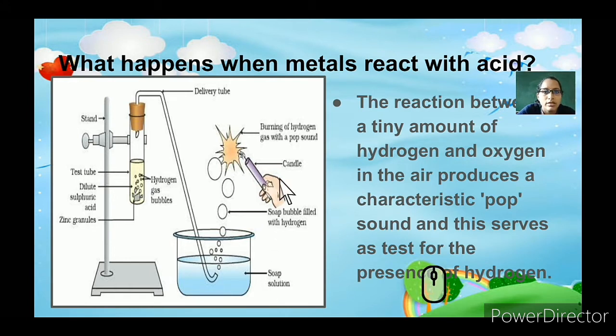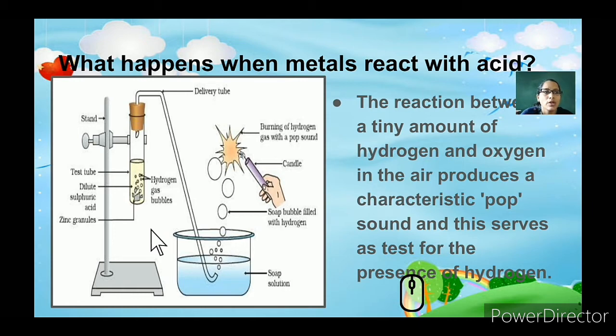You can see the evolution of hydrogen gas when zinc granules react with dilute sulfuric acid. We have already seen that acid reacts with metal to give salt and release hydrogen gas. The hydrogen gas reaches the soap solution, and the soap fills with hydrogen bubbles.